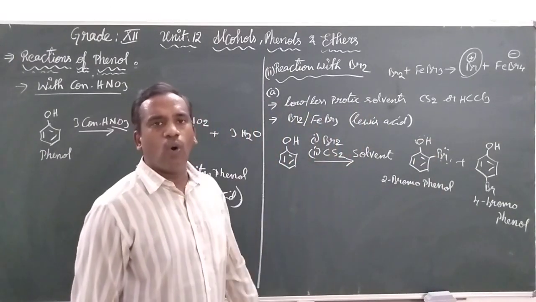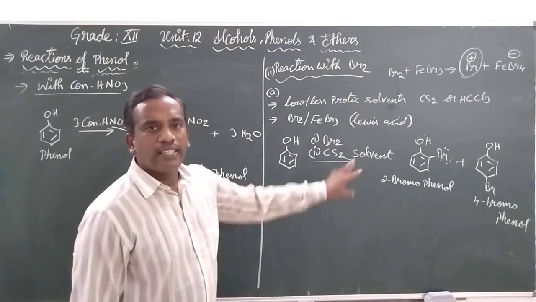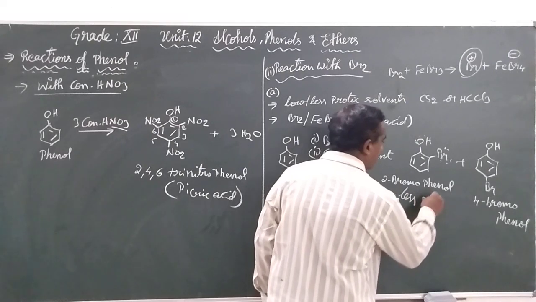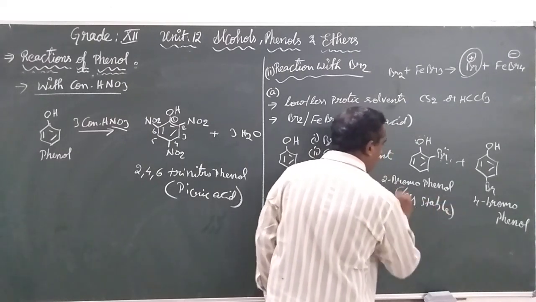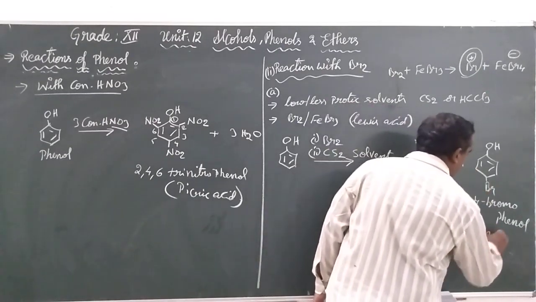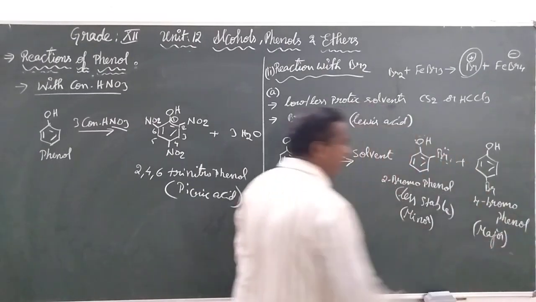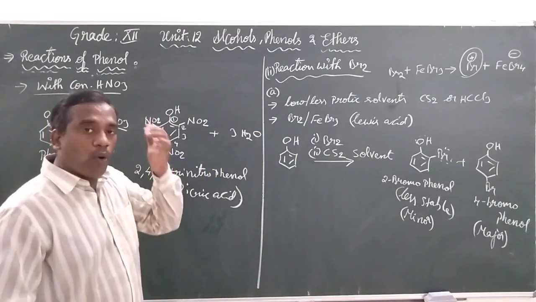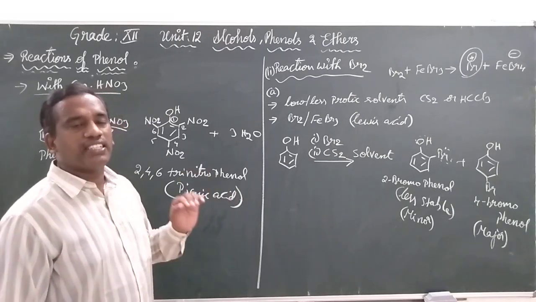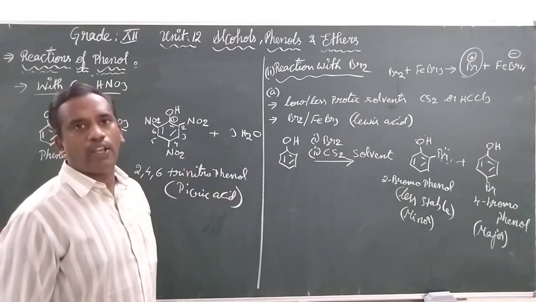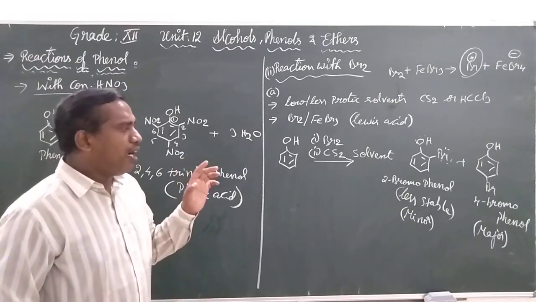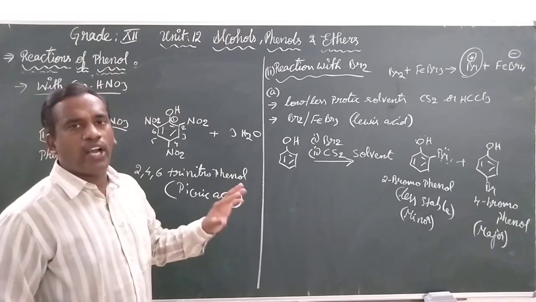In the case of ortho, that is 2-bromophenol, lone pair repulsion takes place, so it is less stable and is the minor product, whereas when they are far away, it forms the major product. So when phenol is treated with bromine in low protic solvents or in the presence of Lewis acids, that generates a Br plus ion that acts as an electrophile and gives two products, ortho and para.